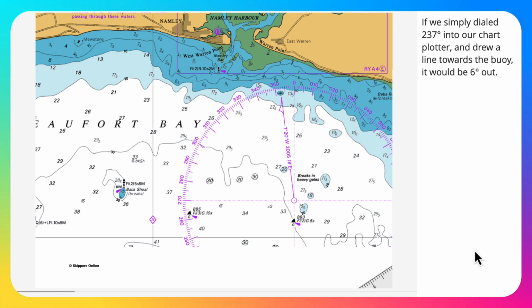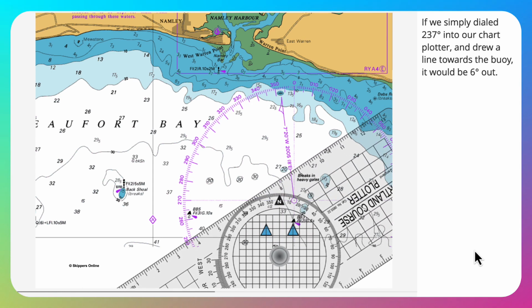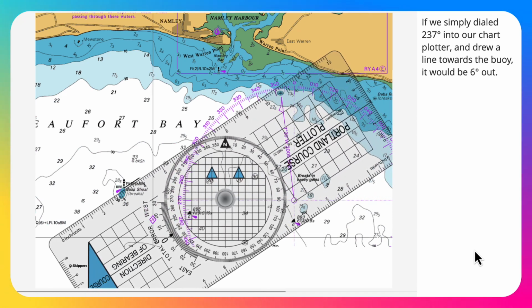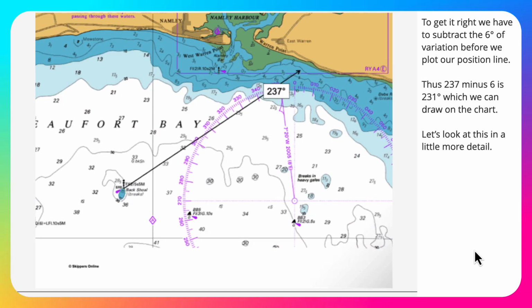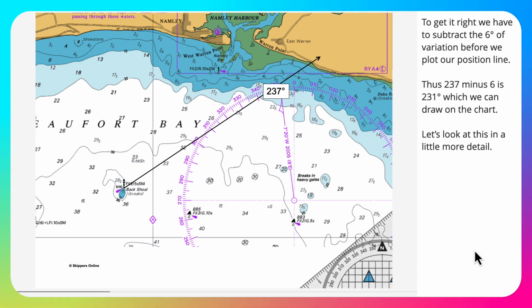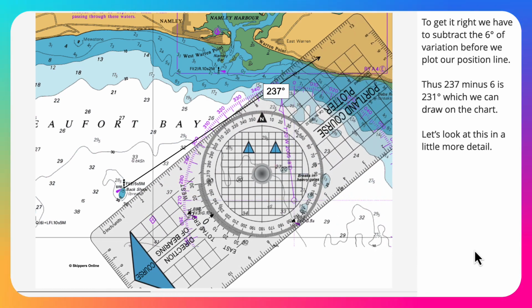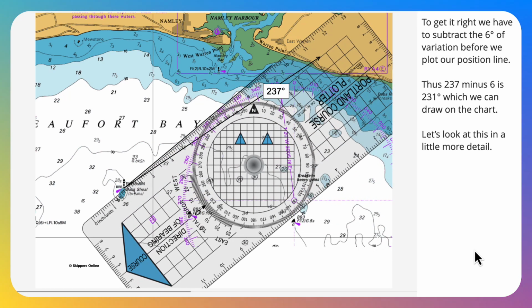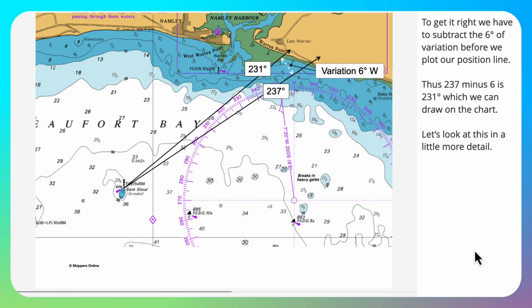If we simply dialed 237 degrees into our chart plotter and plotted a position line, it would be 6 degrees out. To get it right, we have to subtract the 6 degrees of variation before we plot our position line. Thus, 237 minus 6 is 231 degrees, which we can draw on the chart.